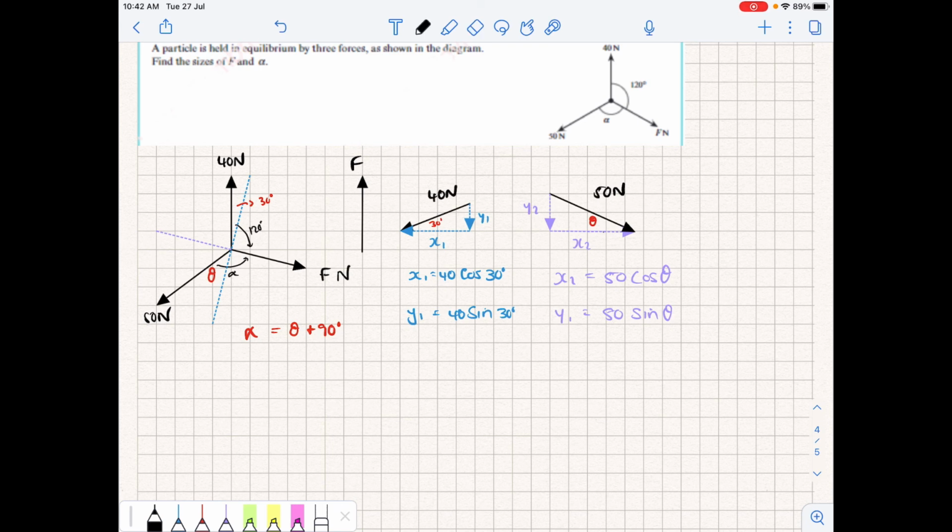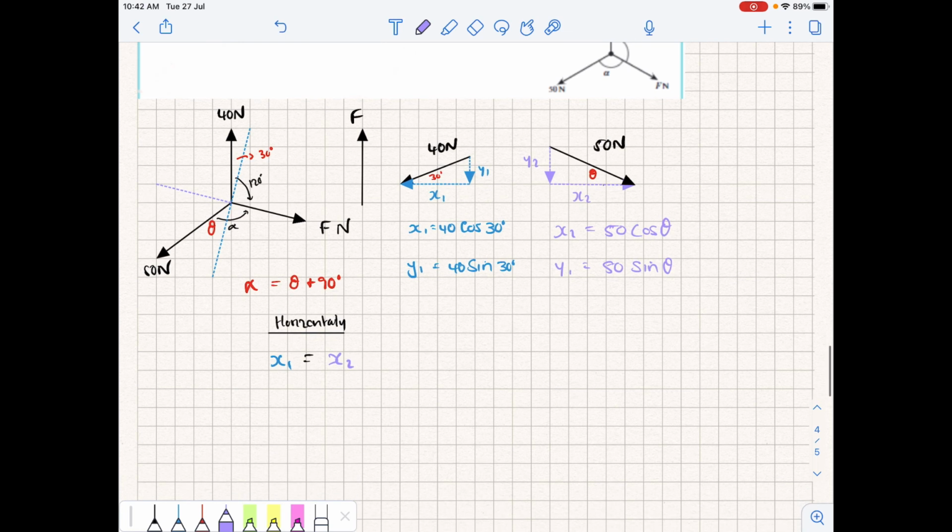So one unknown at a time, let's resolve horizontally. In the horizontal direction, we can see we have two horizontal forces, x1 and x2. And because we are in equilibrium, we can say that these two horizontal forces must be equal to each other. The net force is 0.